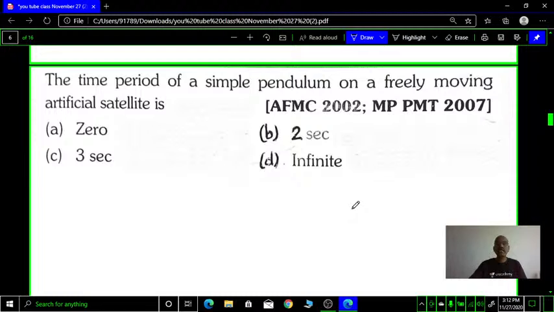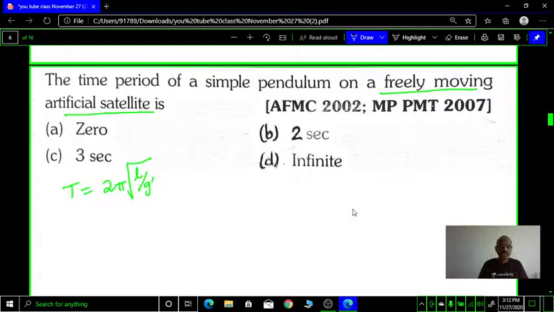The time period of a simple pendulum on a freely moving artificial satellite. We know the time period of a simple pendulum is 2 pi root L by g.